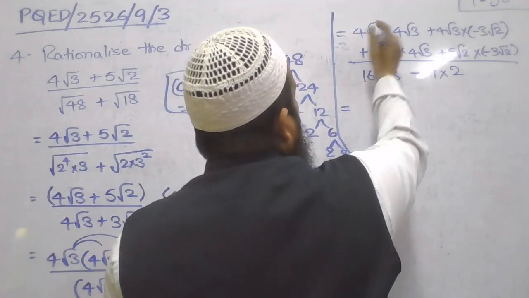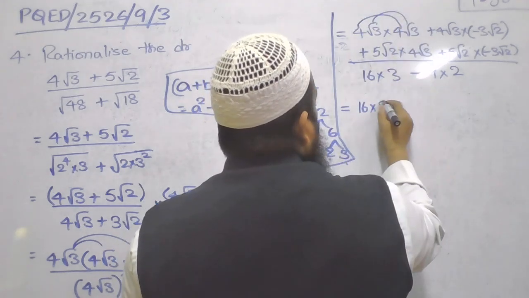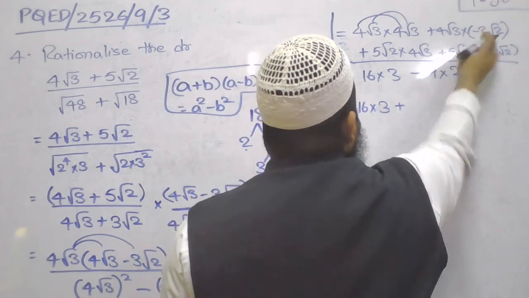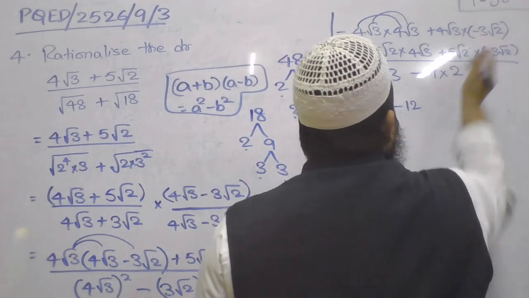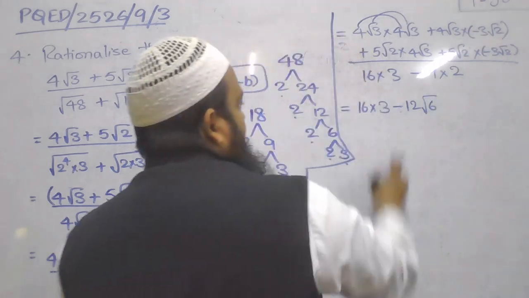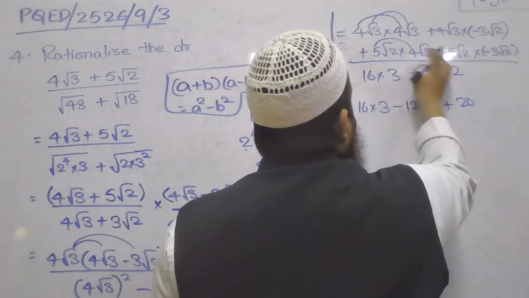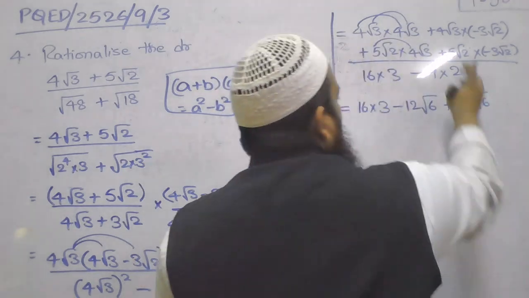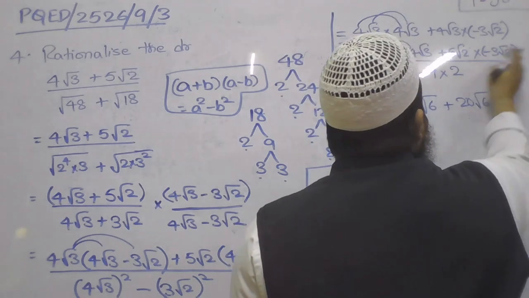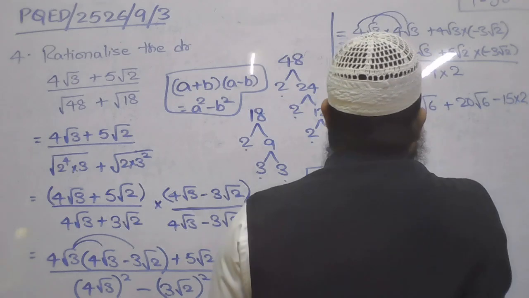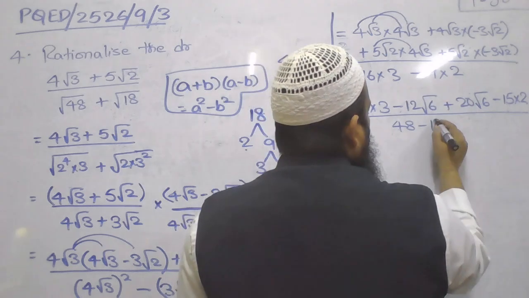That equals, now let us see here, 4 fours are 16 multiplied by root 3 into root 3, 3, plus into minus 4 threes are 12, root 3 into root 2, root 6, plus 5 fours are 20, root 2 into root 3, root 6, plus into minus 5 threes are 15, root 2 into root 2, it is 2, divided by 16 threes are 48 minus 9 twos are 18.